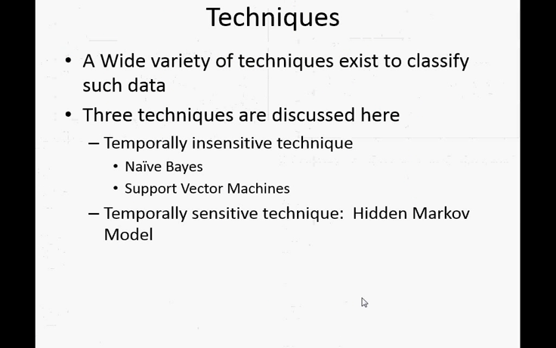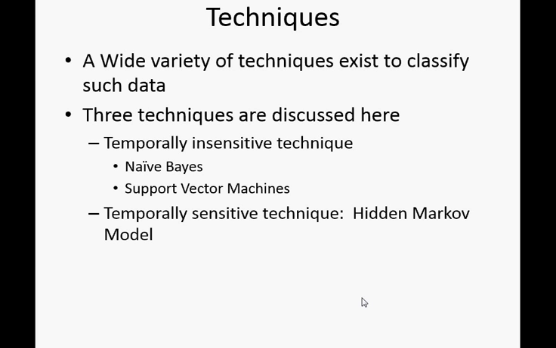And I'm going to be talking very briefly here about three major methods for classifying this sort of data and giving a brief glimpse of each of them. Two of the techniques put aside the temporal context, dealing with each data point, each set of observations across multiple sensors, in isolation, and try to classify based on several different readings.